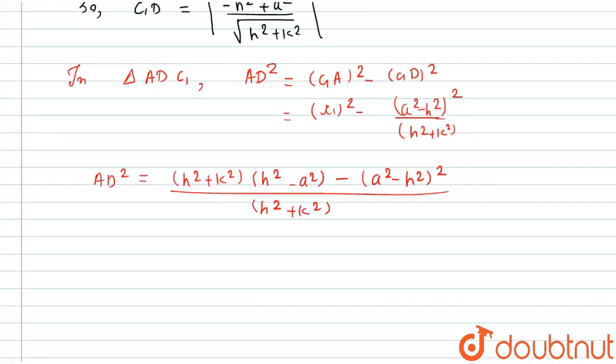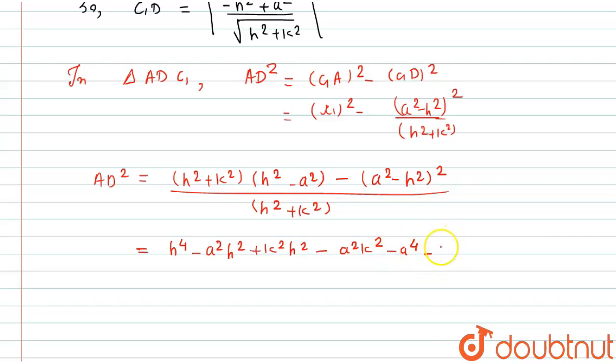Now if we open this bracket, h square into h square becomes h raised to 4, minus a square times h square plus k square, h square minus a square k square, then minus a raised to 4.